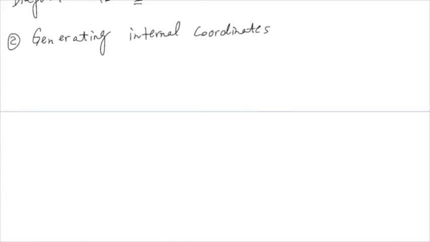All right. The second step is to generate the internal coordinate. So this is done by a linear transformation.